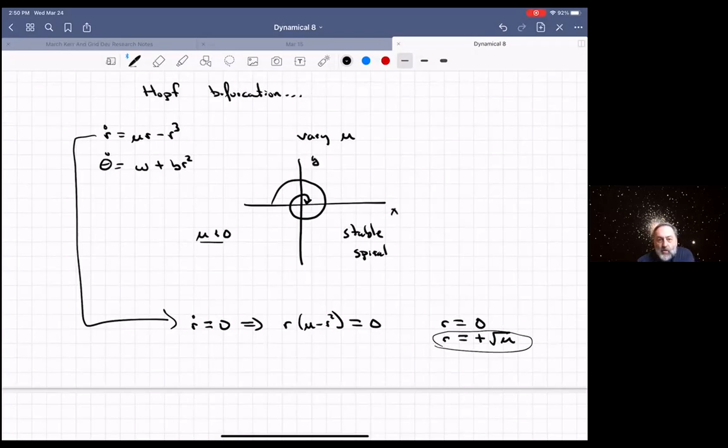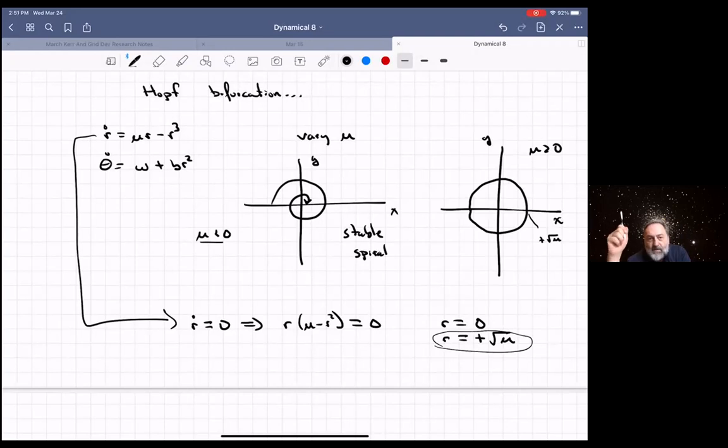Okay, but if mu is positive, then there's an r value. So this radius here, plus root mu, is a particular r value that doesn't change in the flow. And the origin still doesn't change in the flow. But what's happened is this thing is going around, and I drew my spiral badly.